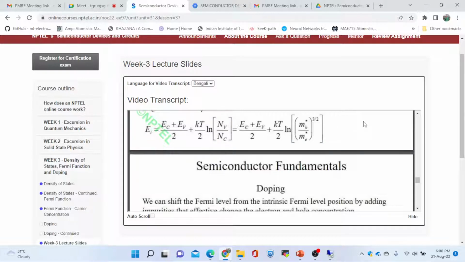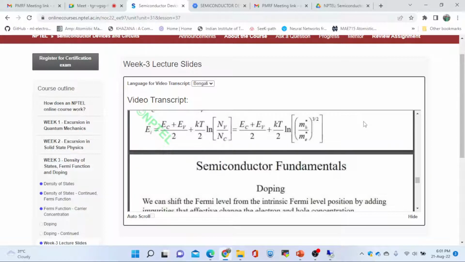It simply states that Ei is equal to Eg by 2 plus kT by 2 ln of mh by me star, raised to the power 3 by 2.